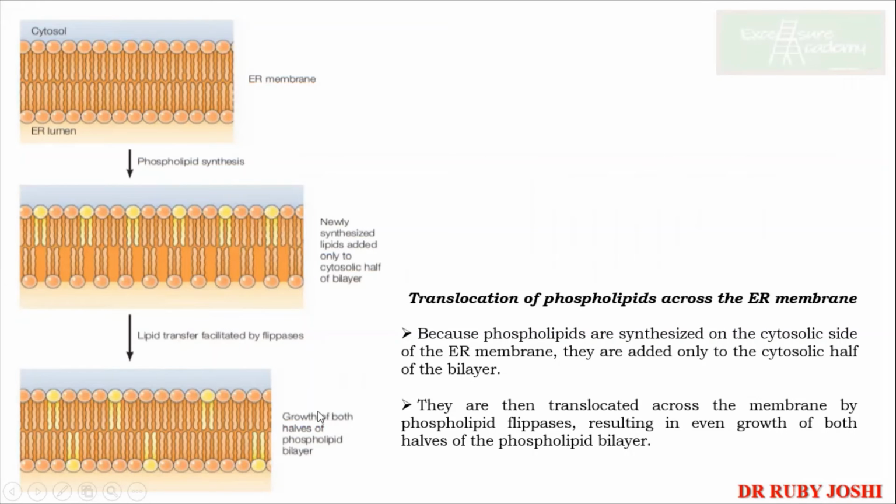Okay, and that's how the entire length or the growth of the phospholipid bilayer is maintained. So eventually what had happened? You have increased the phospholipid, right? Your growth has happened, and that's how the lipid synthesis happens for most of your membranes. Yes, did you get all this, everyone? Yes, ma'am.